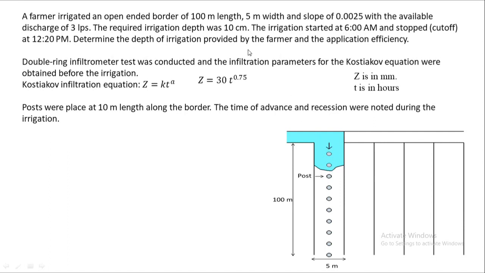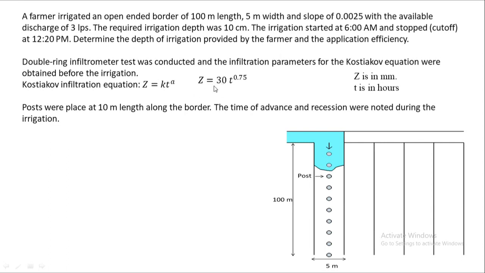Now a double ring infiltrometer test was conducted and infiltration parameters for Kostiakov's equation were obtained before the irrigation. We already discussed the methodology which we can use to obtain the infiltration constants. So we conducted the infiltration test and obtained the constants.